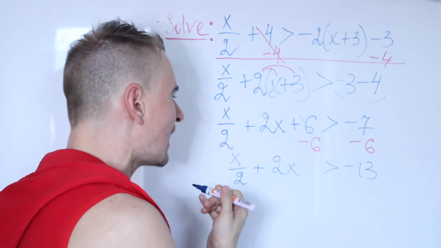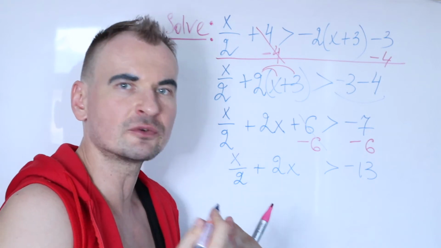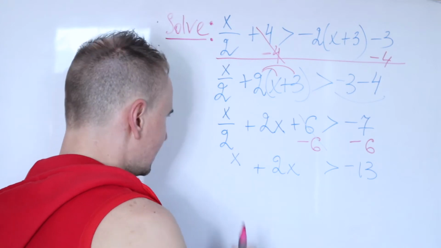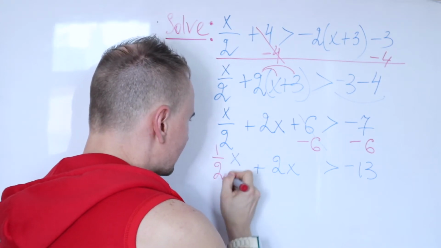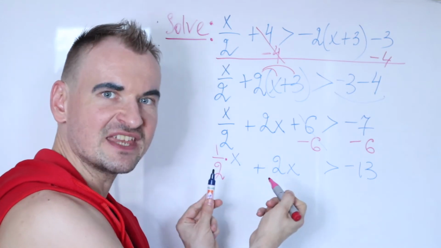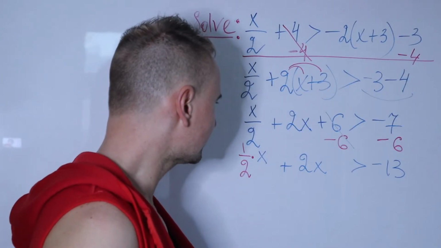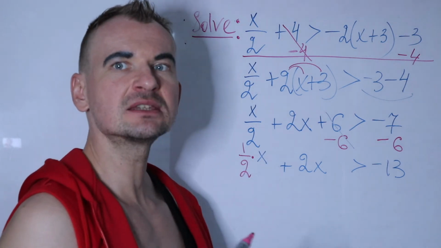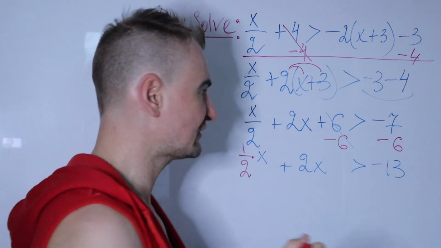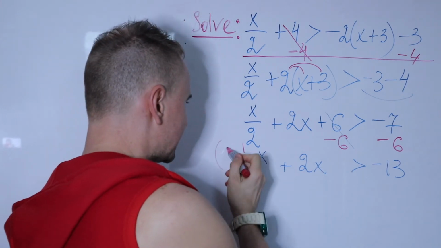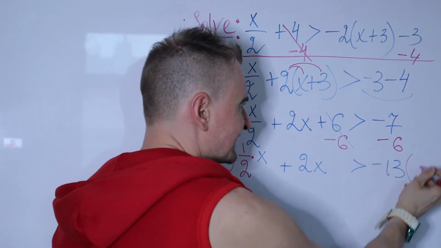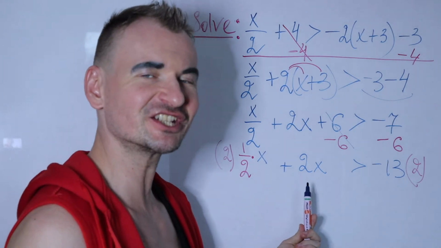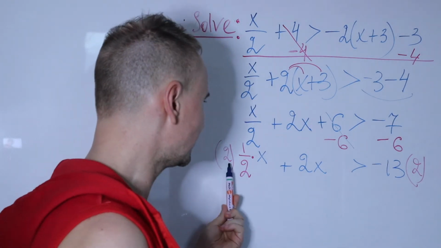You literally have 1 over 2 in front of your x. It's precisely the same thing. Now, all we need to do is clear off this fraction by multiplying both sides of your inequality by 2. And this term also has to be taken into consideration. It gets multiplied by 2.